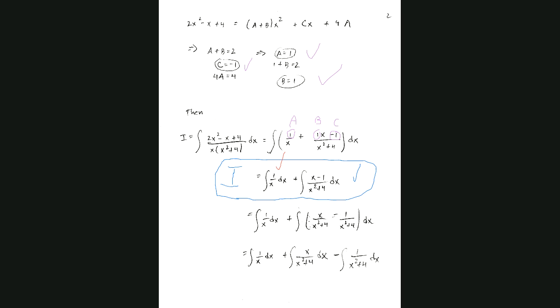Now the second antiderivative, the antiderivative of (x minus 1) over x squared plus 4, what we need to do is split that integral up. X minus 1 over x squared plus 4 can be written as x over x squared plus 4 minus 1 over x squared plus 4. Okay, we can certainly do that.